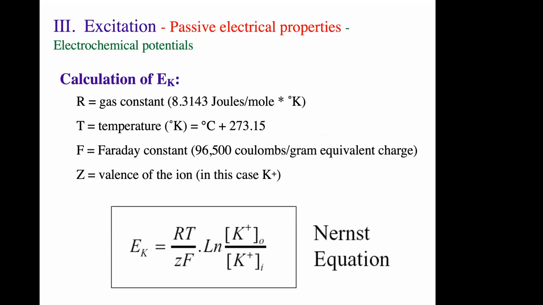Those of you who've taken neuro have probably seen this before. This is a Nernst equation that's written specifically to calculate the contribution of potassium to the membrane equilibrium potential.